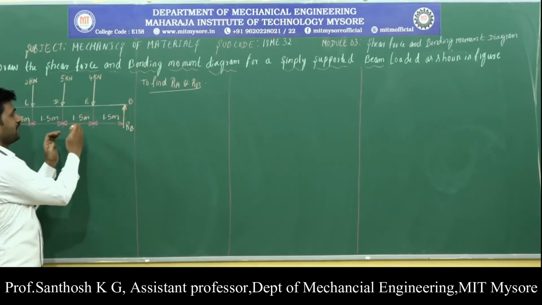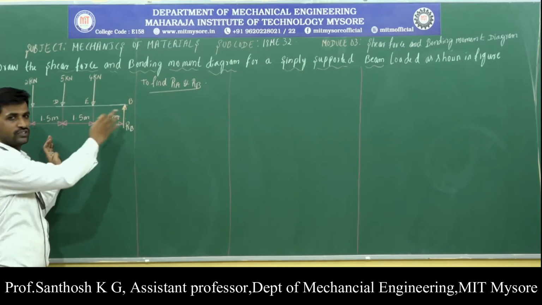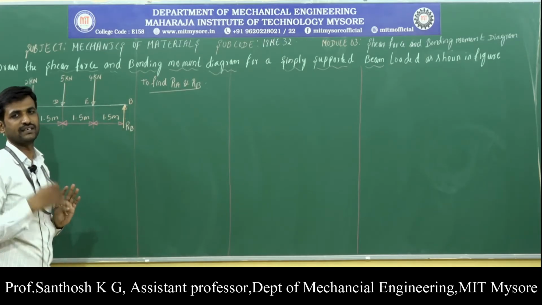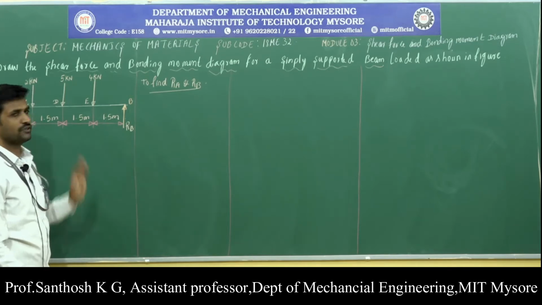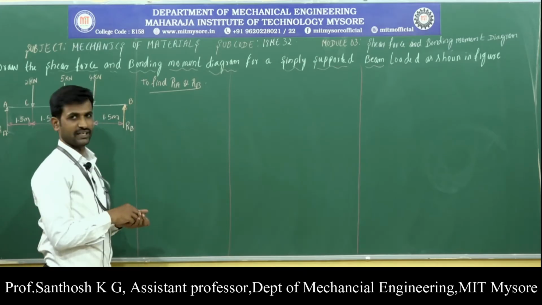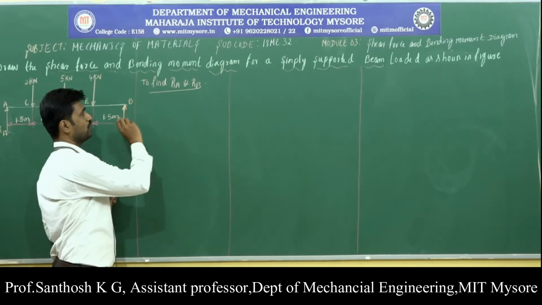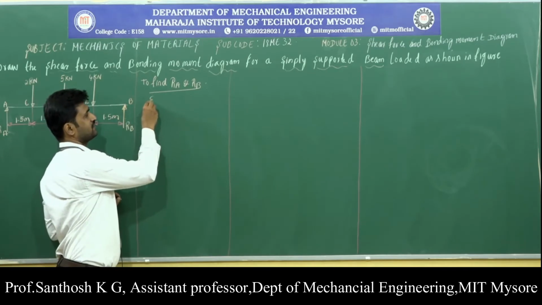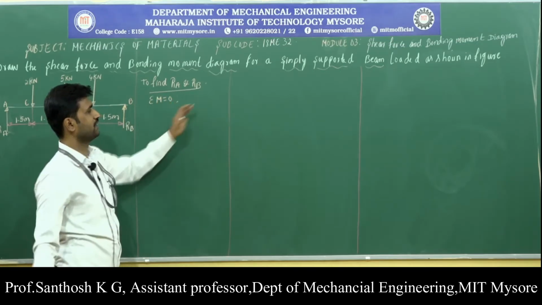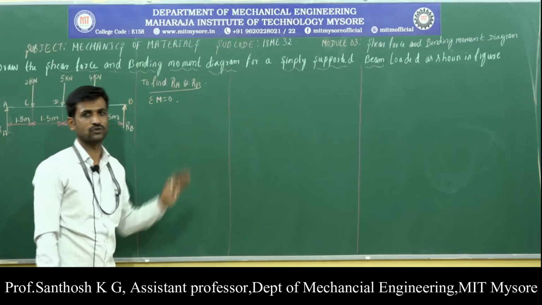So, since under the action of the forces the beam is at rest, we can say that the beam is under equilibrium. Mathematically it should satisfy two conditions: one is sigma M equals 0 and another one is sigma F equals 0.